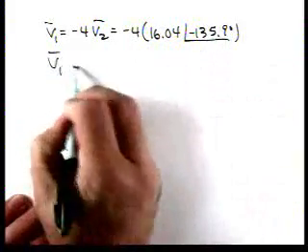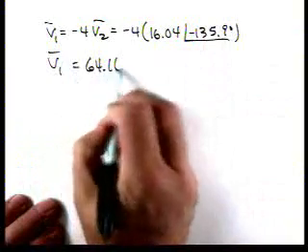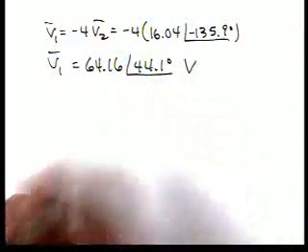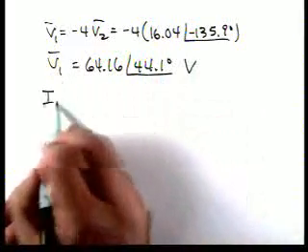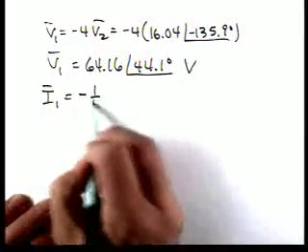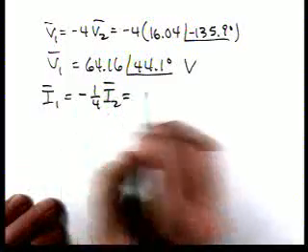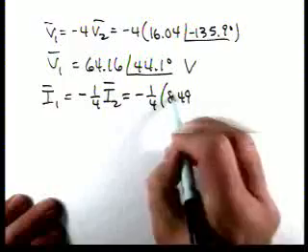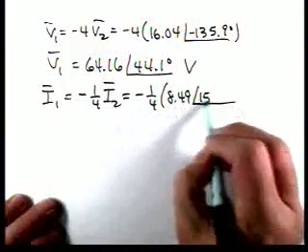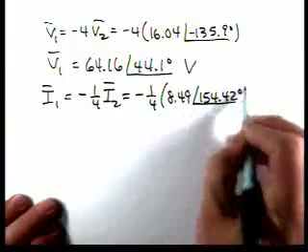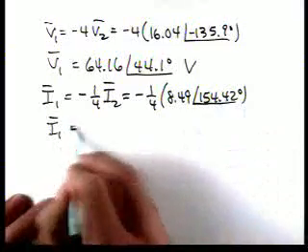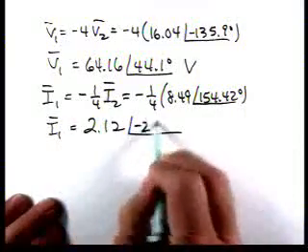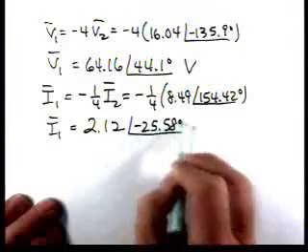So that gives us V1 is 64.16 at an angle of 44.1 degrees. And I1 is minus 1/4 I2. So we have minus 1/4 times 8.49 at an angle of 154.42. And I1 is 2.12 at an angle of minus 25.58 degrees.